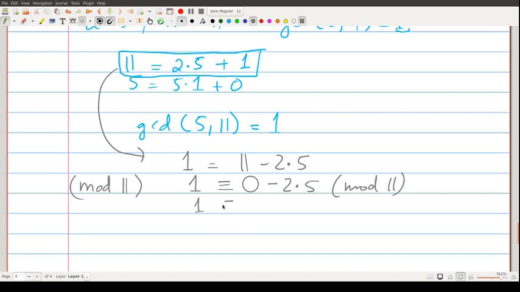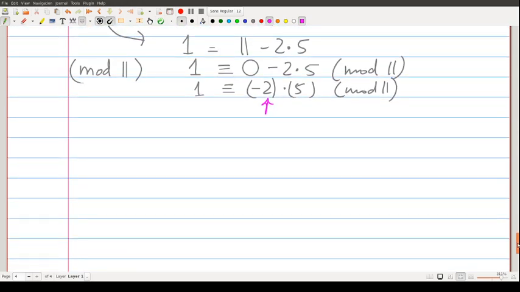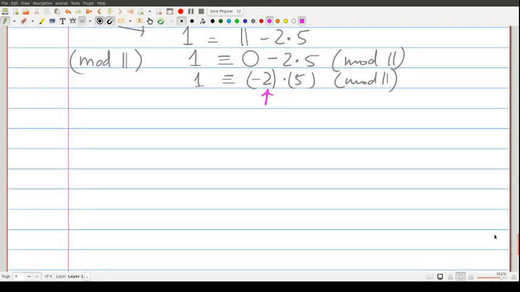And so 1 is congruent to minus 2 times 5 mod 11, right? And so I have the inverse of 5 again, by chance it's just minus 2, but this time minus 2 mod 11, right?